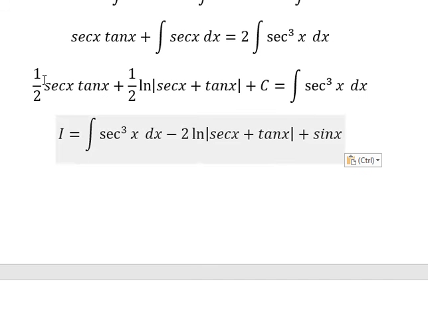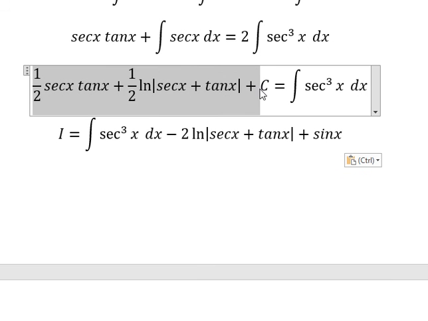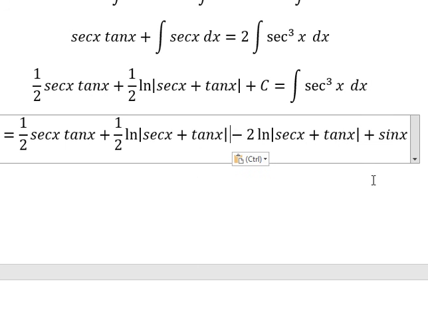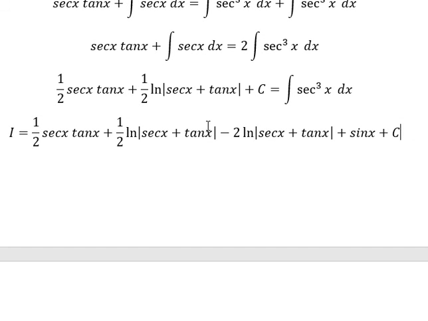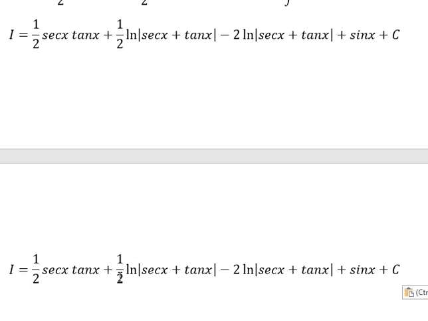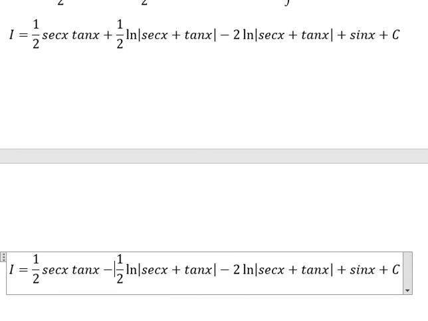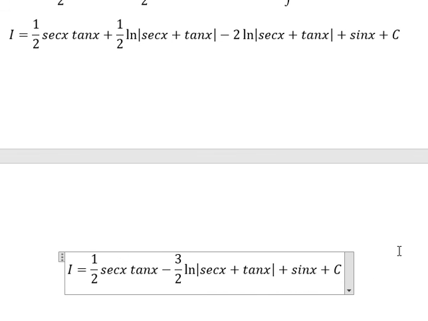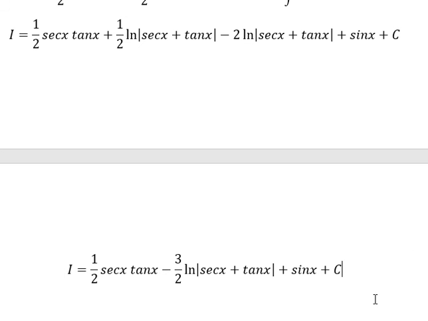And this one we put in here, plus c. So we have 1 over 2 minus 2, you will get negative 3 over 2. And that is the final answer.